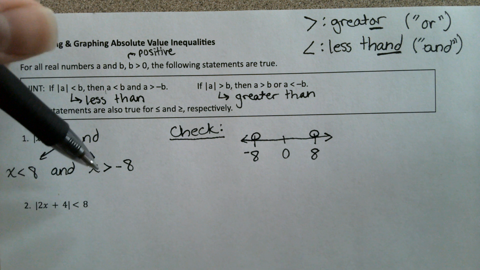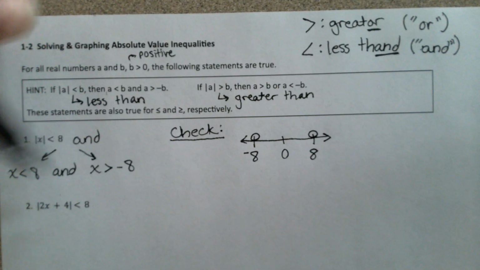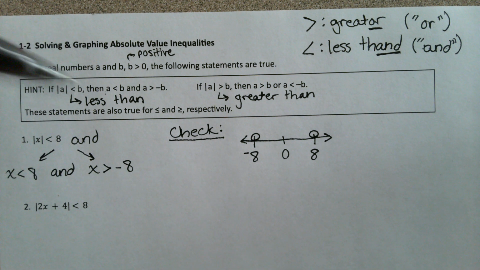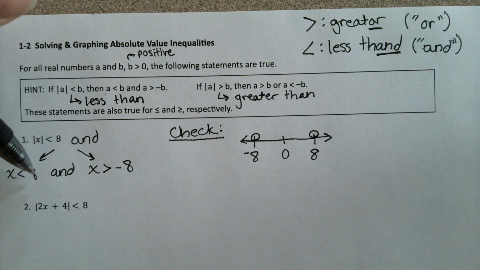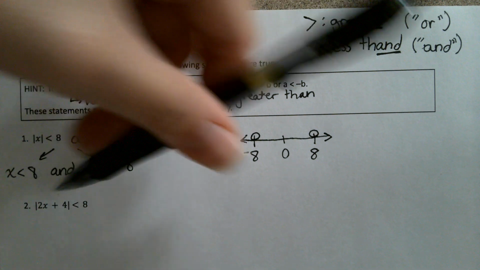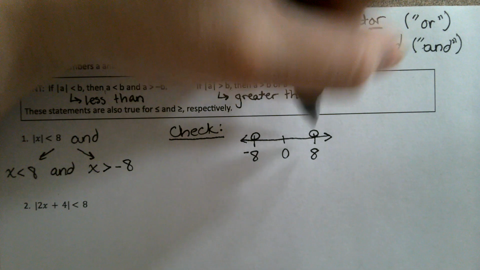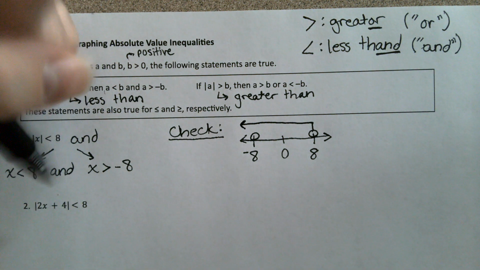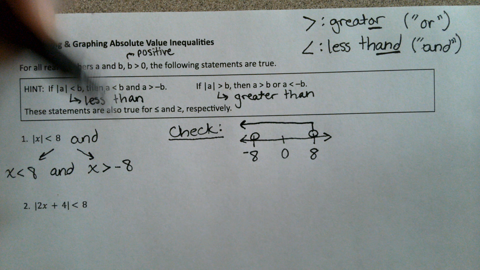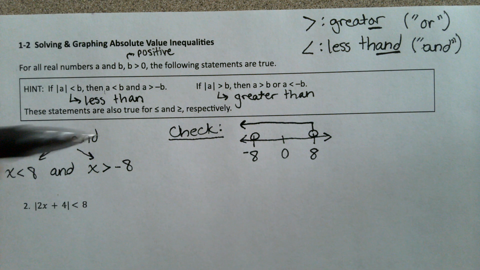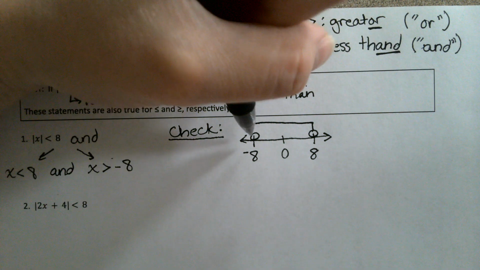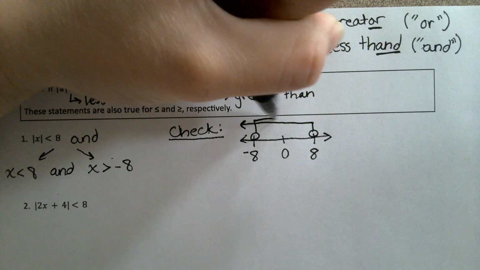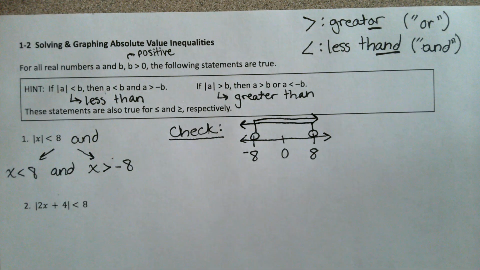Now remember, this trick I'm about to show you only works if x is on the left-hand side, so just remember that. X is less than 8. It's pointing to the left. So from 8, I'm going to draw this arrow to the left. And x is greater than negative 8. Notice it's pointing to the right. So from negative 8, I'm going to draw an arrow pointing to the right.